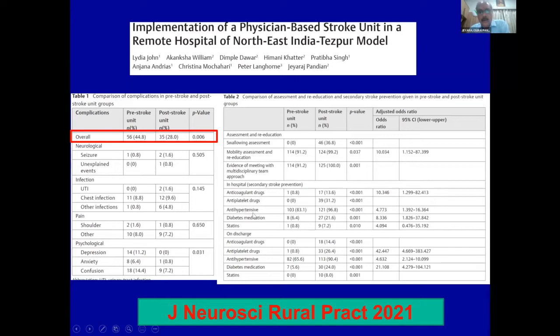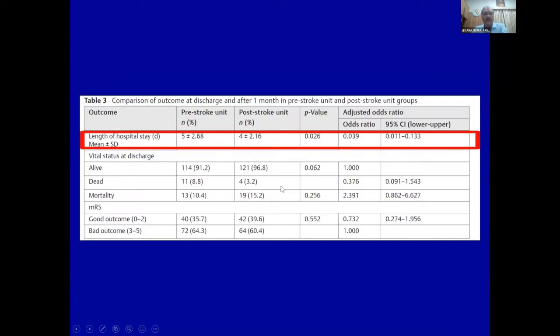Use of secondary prevention strategies like starting antiplatelet drugs, anticoagulant drugs, antihypertensive drugs, and statins all improved in post-stroke unit care. Length of hospital stay decreased by almost 1 day. However, the outcome was not different, both mortality as well as good or bad outcome. But the quality measures improved, with reduction in complications and length of hospital stay.